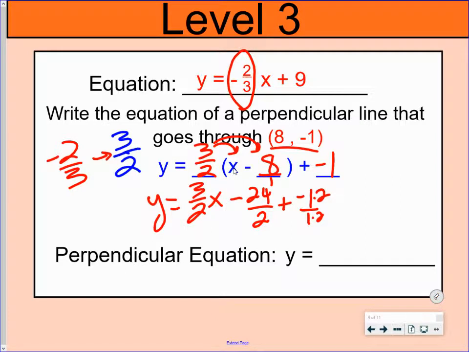So that fraction would be the same as negative 2 over 2, which is the same as negative 1. And negative 24 minus 2 is going to be negative 26 over 2. Okay, that can simplify down to negative 13. So our equation is y equals 3/2 x minus 13.